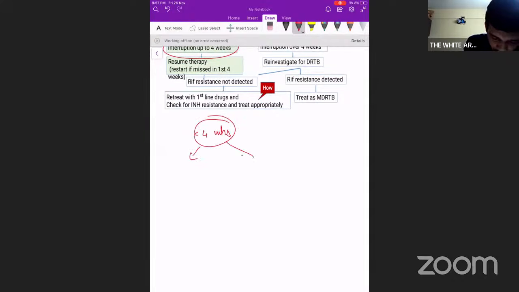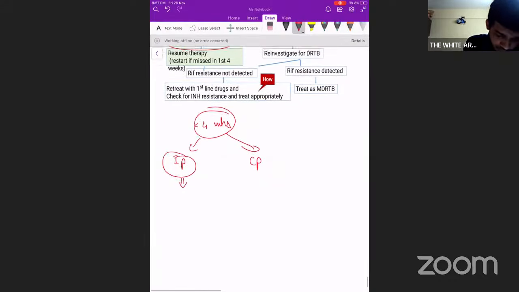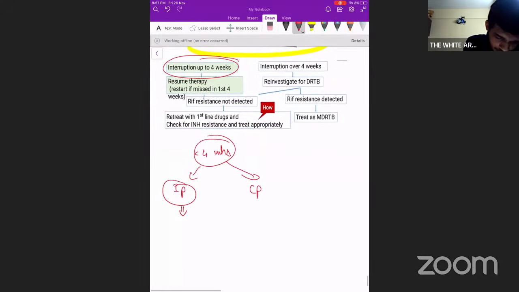this is the scenario. One, if he's in his induction phase, two, if he's in his continuation phase. If he's in his induction phase, then what do we do? We just restart the whole regimen, correct?